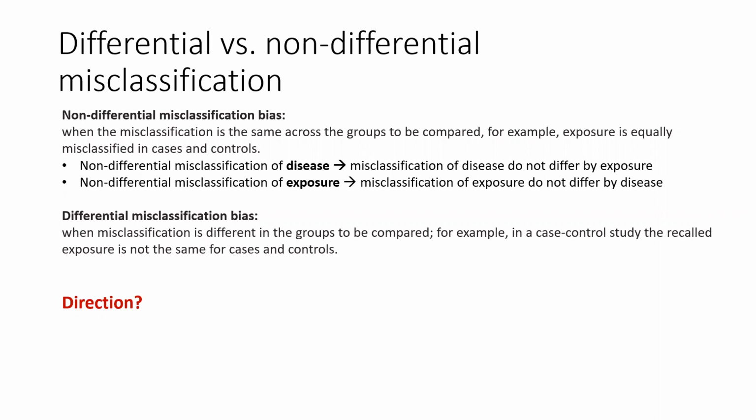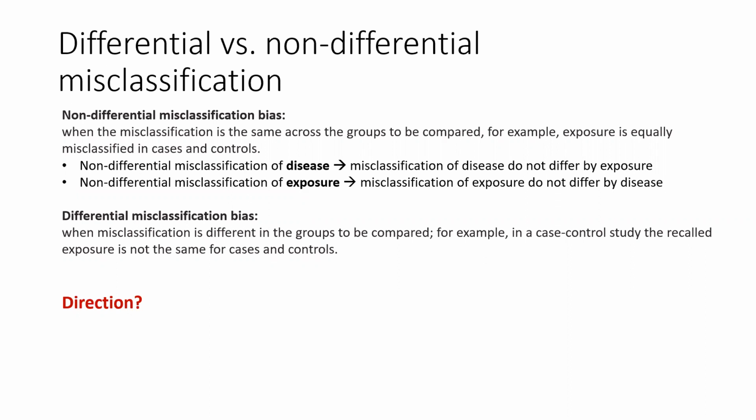And differential misclassification, as you all said, is when misclassification is different in the groups to be compared. For example, in a case control study, the recorded exposure is not the same for cases and controls. So we have a misclassification, but in that case, it's not equal between, let's say, cases and controls. Same thing, it could be for disease or exposure. So we agree about the definition of differential and non-differential.